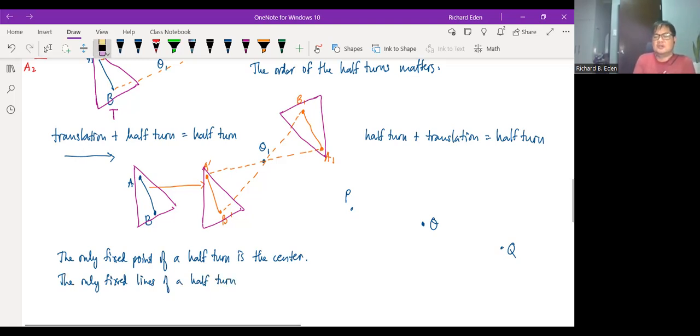So kasi ganito naman, no? Kunwari, okay, ito. Let's consider this line. And then let's do a half turn.